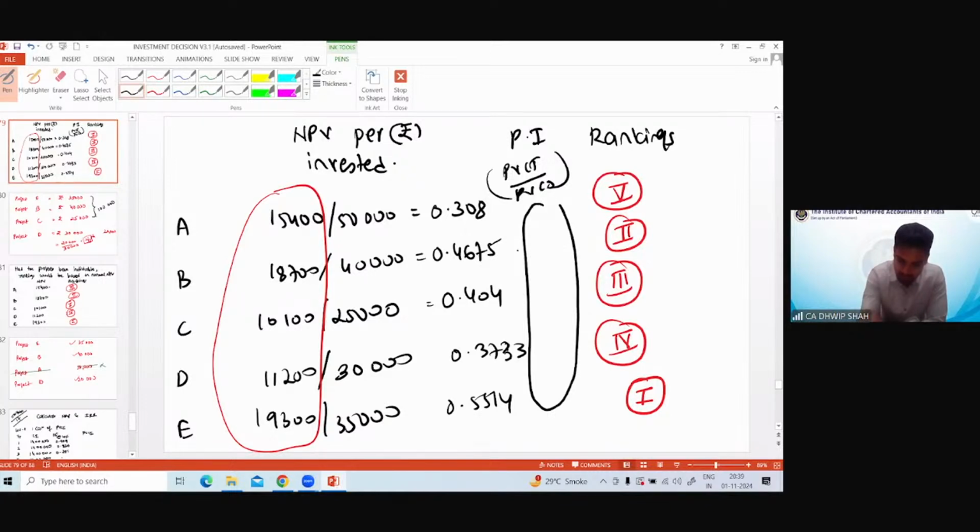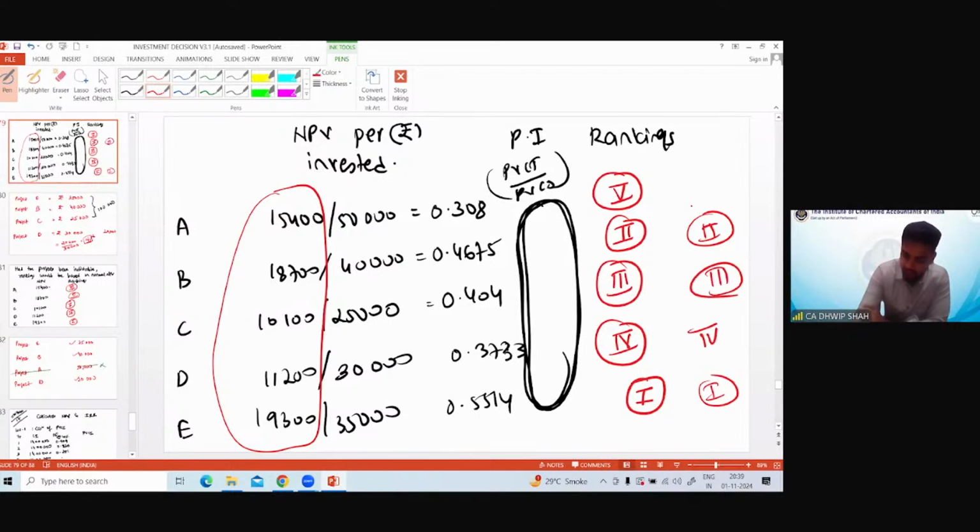Let's assume we have calculated PI for all the projects. After that, give rankings. The rankings would be these: Project E would be rank 1, Project B rank 2, Project C rank 3, Project D rank 4, and Project A rank 5. NPV per rupee of capital invested or PI gives the same ranking only. They would both give the same ranking.